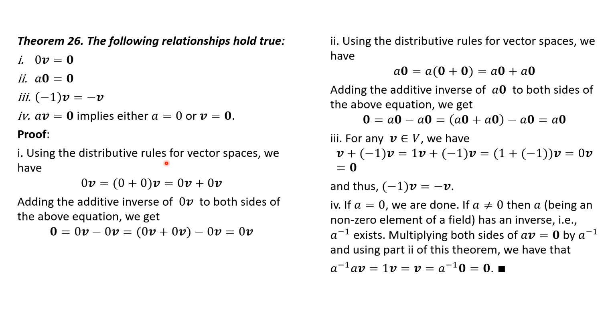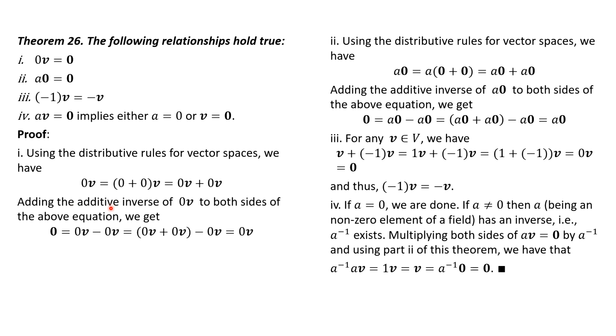So let's go about proving each one of these using the distributive rules for vector spaces. This is the first one we're working on. We have the scalar 0 times v, and of course 0 plus 0 is 0 as a scalar. So from here to here, we're okay. And then we use the distributive law to get this.